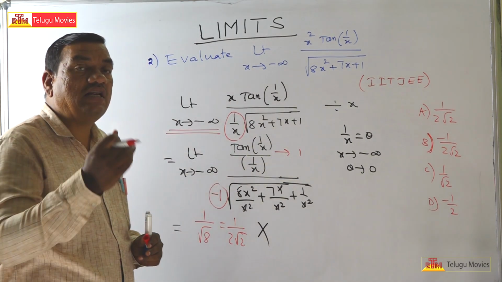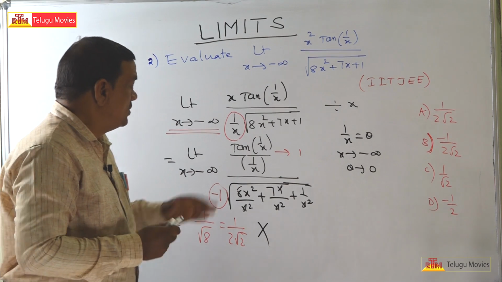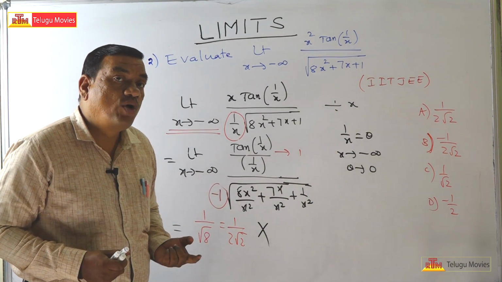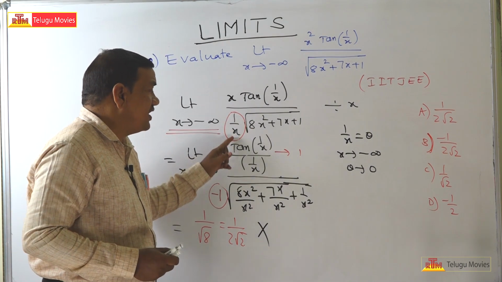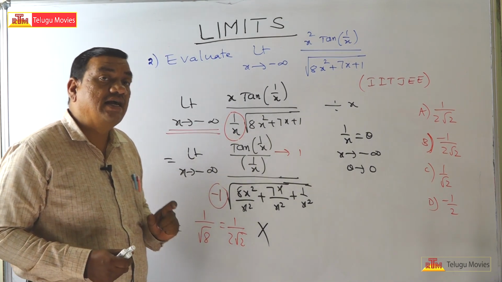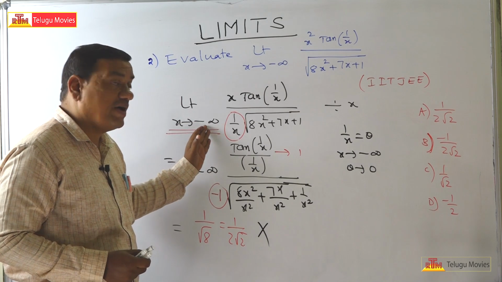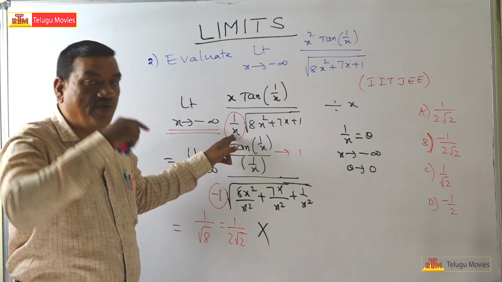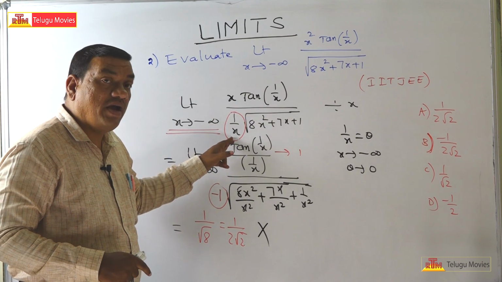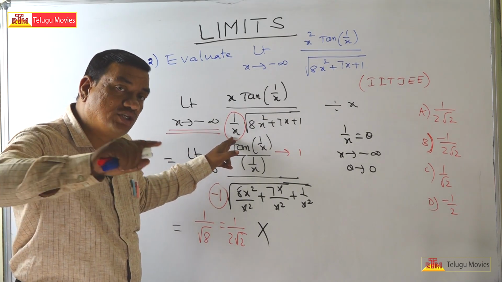In general, while taking the root, we take a positive quantity. So the root value is always positive. But actually here 1 by x is a negative quantity as x tends to minus infinity. So x approaches negative values, therefore 1 by x also approaches negative values.